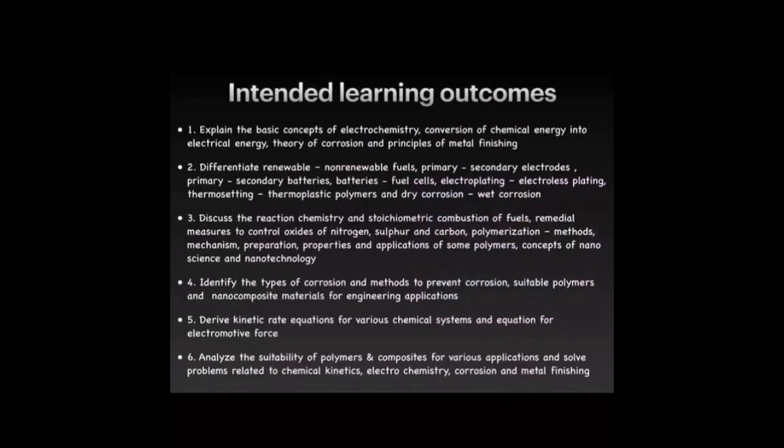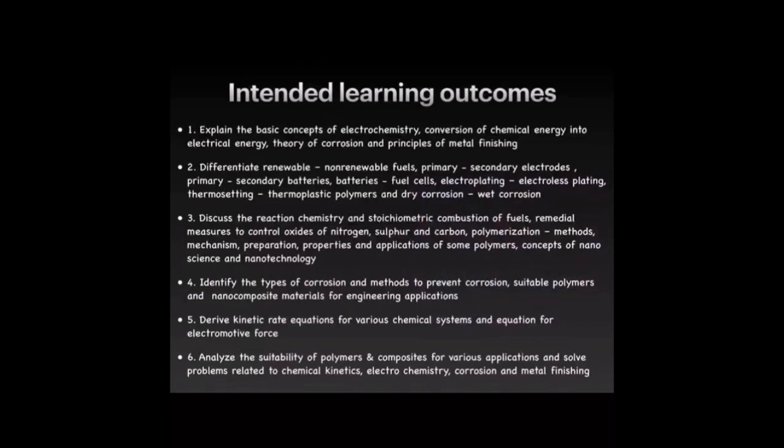What are the intended learning outcomes from this course? At the end of the course, students are expected to solve or answer the following questions. First one, explain the basic concepts of electrochemistry, conversion of chemical energy into electrical energy, theory of corrosion, and principles of metal finishing.